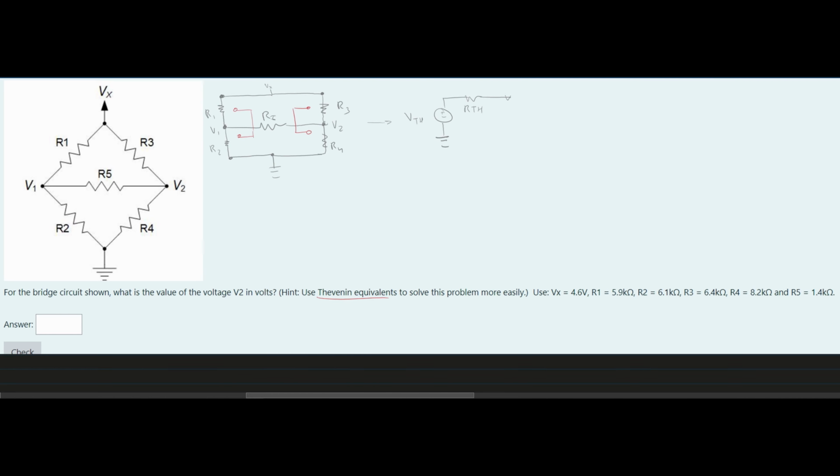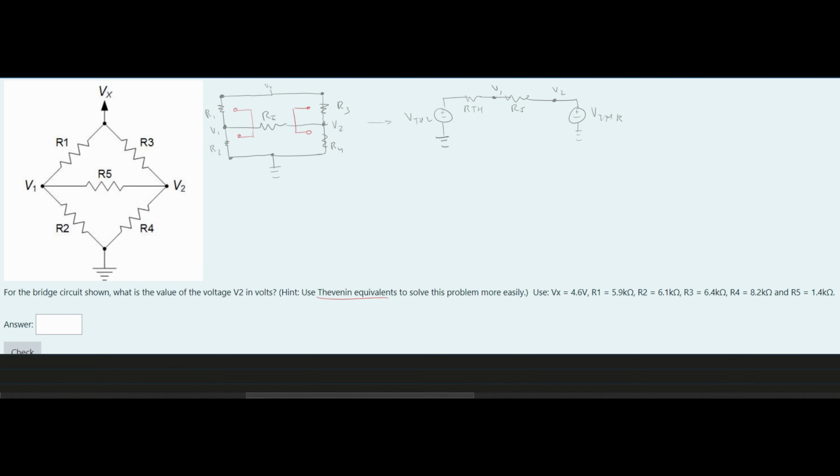In between these, we're going to have our R5. We're going to have our V1 here, because this is not going to change. After this R5, we're going to have our V2, and then inside of here, we're going to have our V Thevenin again. But this is a different Thevenin. This is for the right side, so we can do Thevenin left, and then Thevenin right.